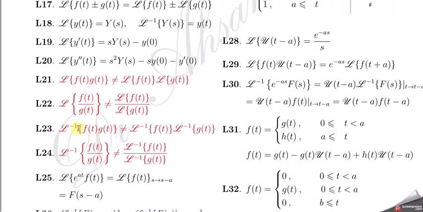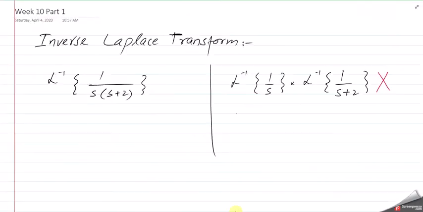Formula 32 says Laplace inverse of f of t multiplied by g of t is not equal to Laplace inverse of f of t multiplied by Laplace inverse of g of t. We cannot separate when there is a multiplication between the functions.